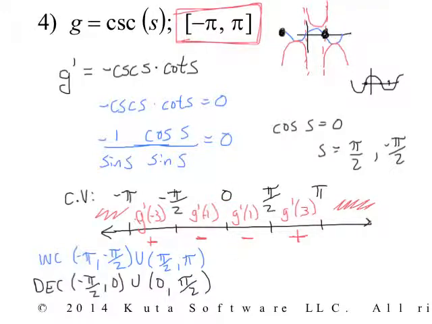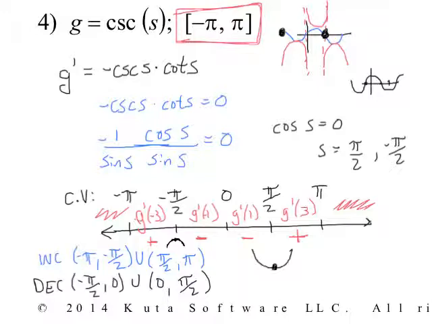Something else that we can figure out is relative maxima and minima. What we have here is a case where we're going from decreasing to increasing, which means the curve is going down, and then at this point it starts going back up. So decreasing to increasing tells us the location of a relative minimum, whereas in this case we have increasing to decreasing, so that would be a relative maximum.